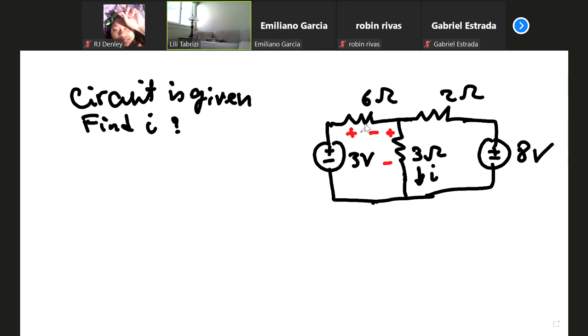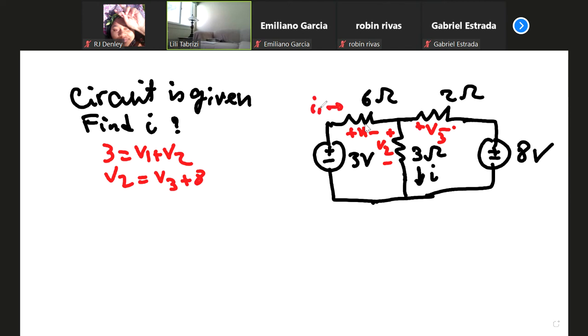So you call this voltage V1, V2, let's say V3. You write the KVL equation for this loop: 3 volts equal to V1 plus V2. You write the KVL equation for this loop: V2 equal to V3 plus 8. And KCL. What is your KCL? You have to assign a current here, maybe I1, I2. Then what is the KCL?